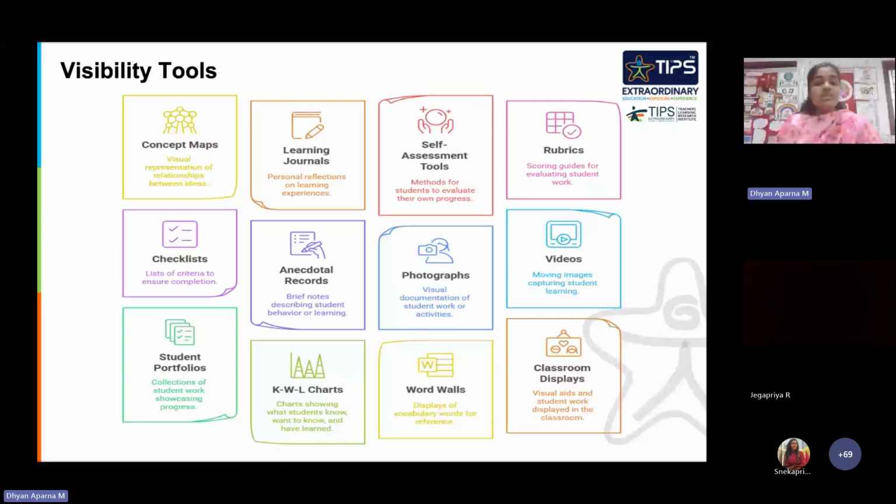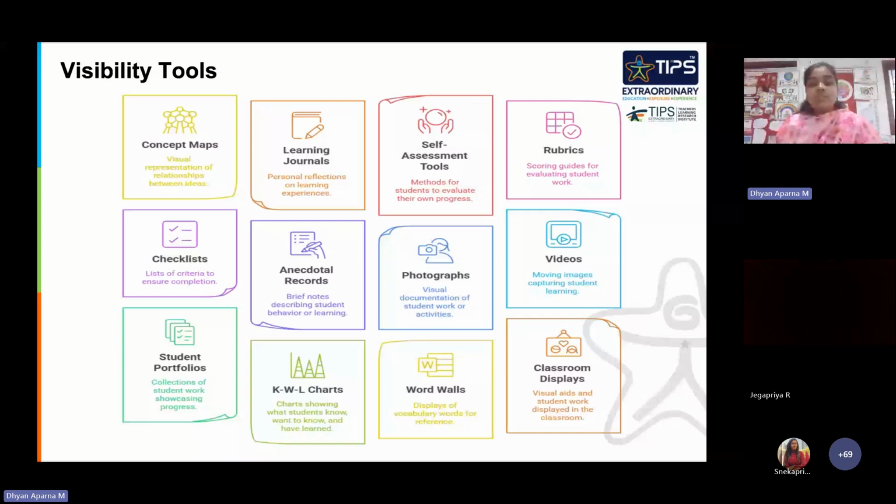And self-assessment tools help them think about their own learning journey, and we can use tools like checklists and rubrics to observe some specific skills, and we can use anecdotal records to help us capture the real learning that is happening, and photos and videos show learning as it is happening.